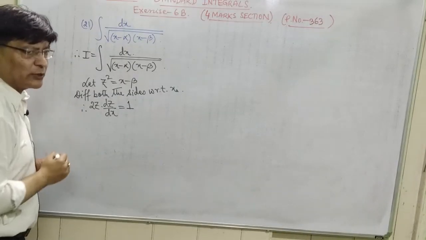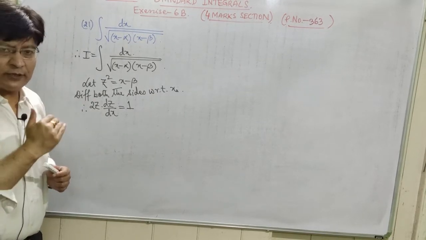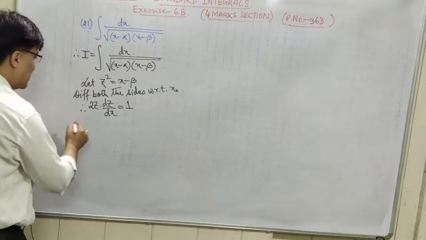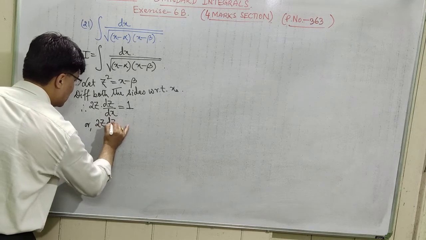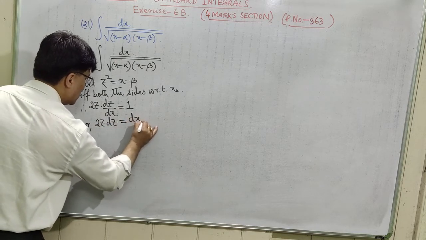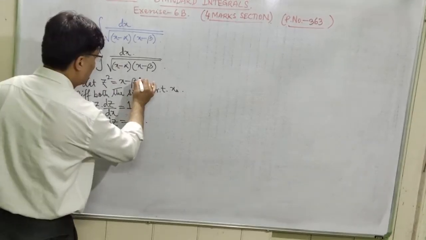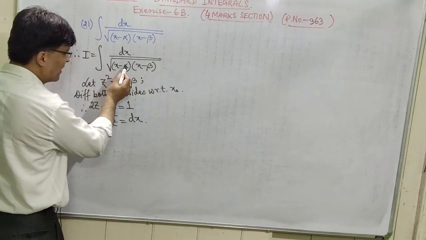Differentiation of x with respect to x is 1, and here beta is constant, so differentiation of beta with respect to x is 0. Right? So we can do cross multiplication here, or 2z dz is equal to dx.